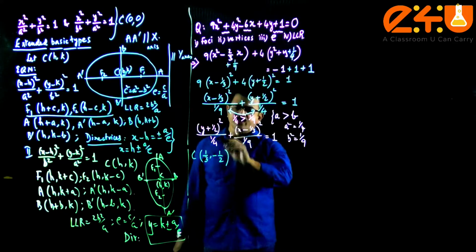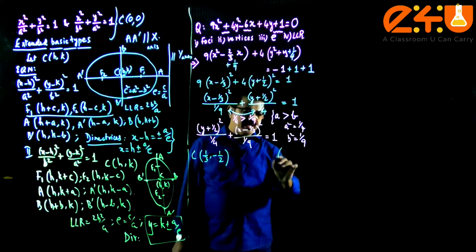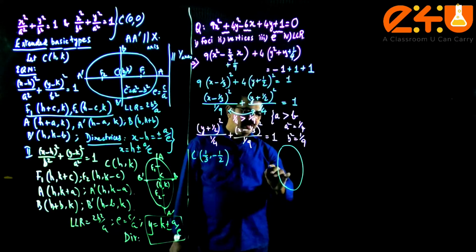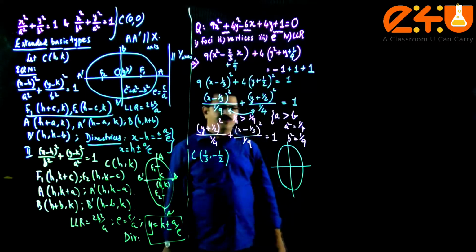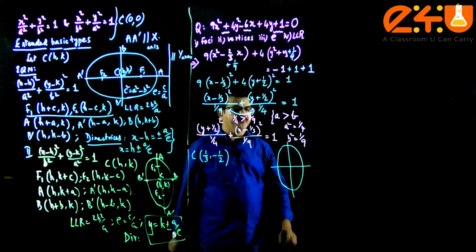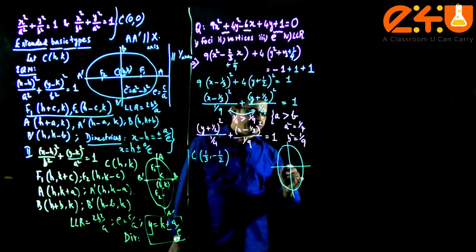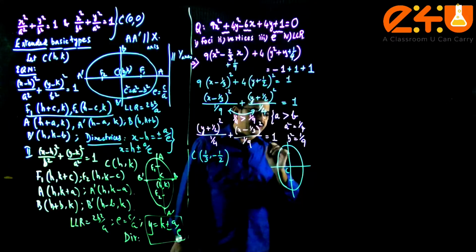And because y² by a² comes first, with a² placed below (y + 1/2)², this is the shape of the ellipse.